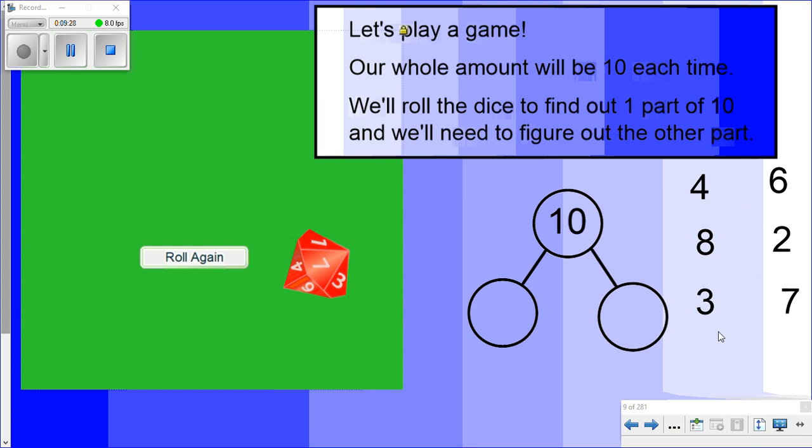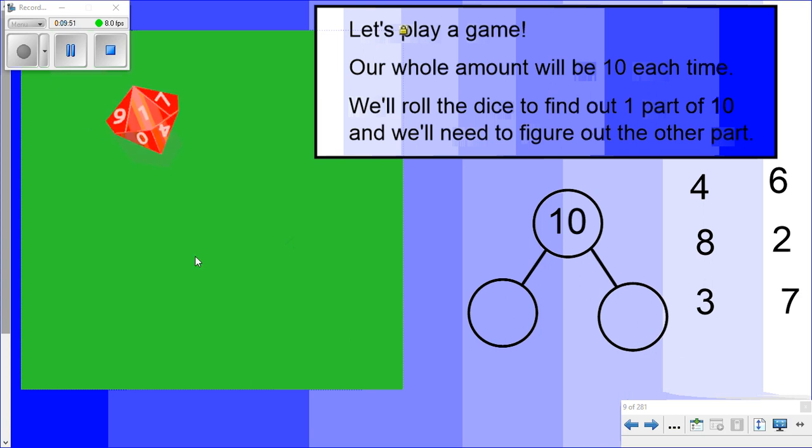No. So maybe we can roll a 5. A 6? Yes. A 7? Yes. An 8? Yes. A 9? Not 9. So let's see if we can get a 1, a 5, a 9, or a 0.